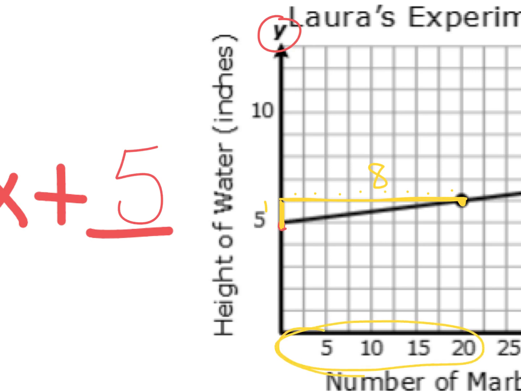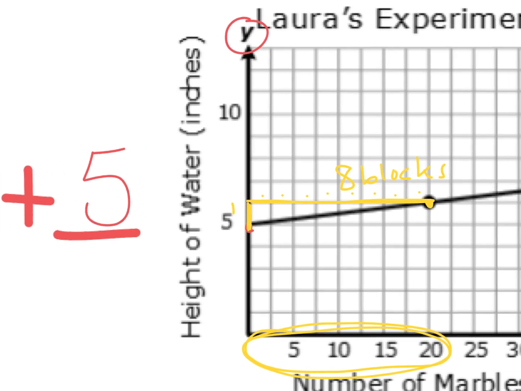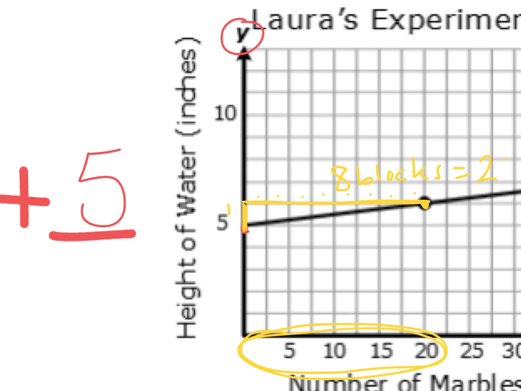Going 8 blocks is actually equal to a value of 20, because down here we see 8 blocks is 20.